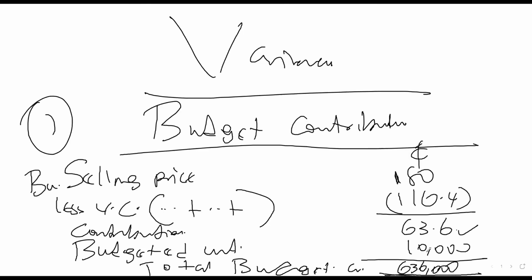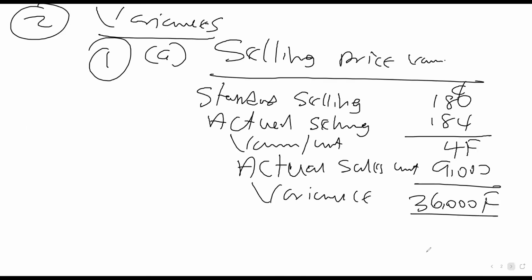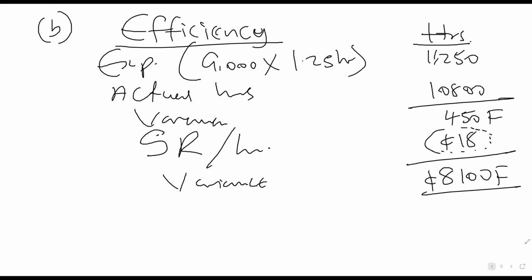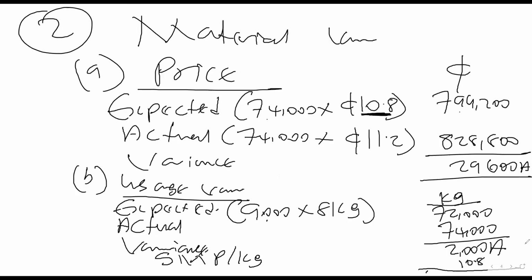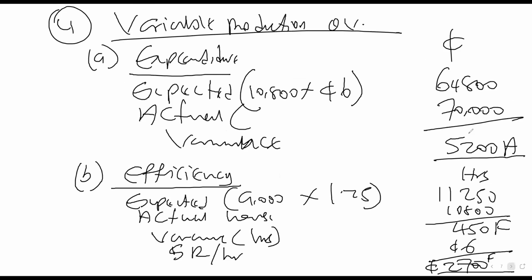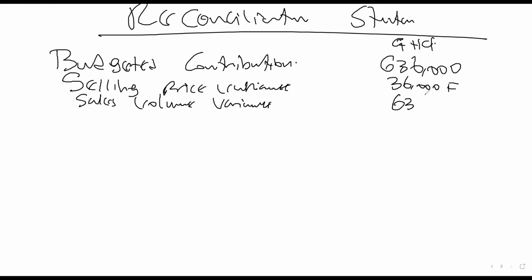That was the first thing you did: 36,000 favorable. F means we are adding. Sales volume variance, we've calculated: 63,600 adverse. This is what you get.